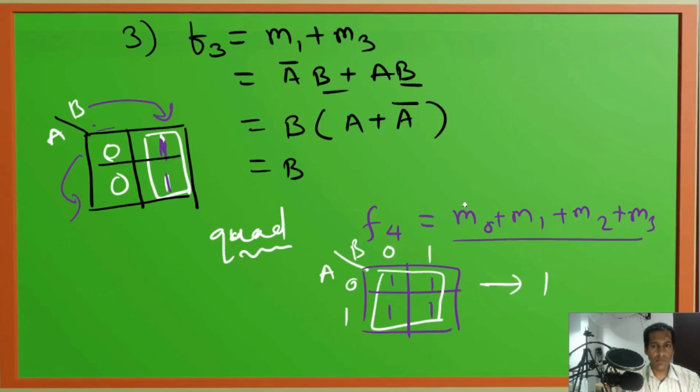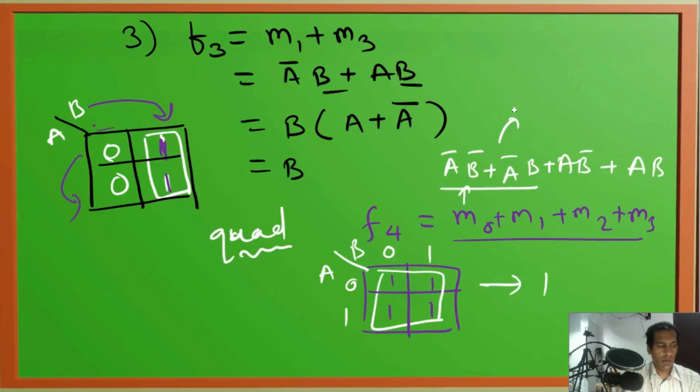So say if we solve for this, it is a bar b bar plus a bar b plus a b bar plus ab. So here we will take a bar common, b plus b bar eliminated, plus a common.